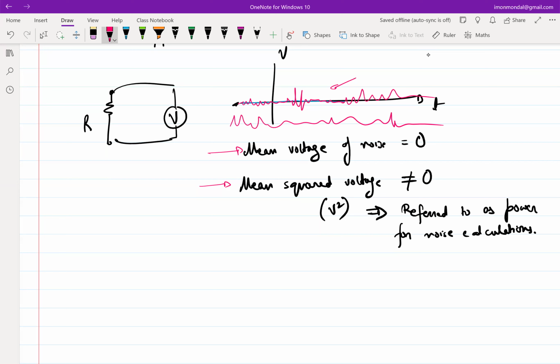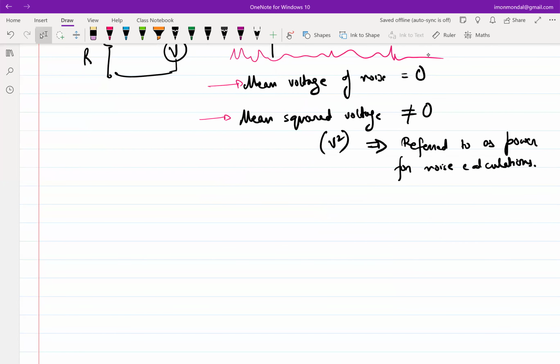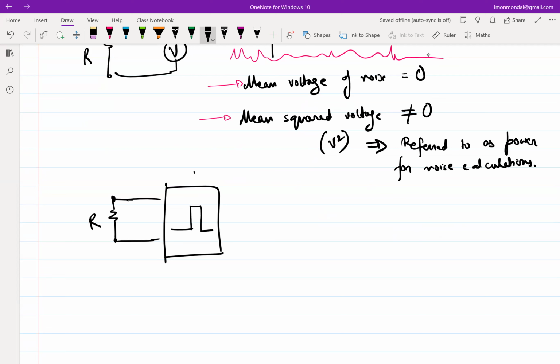Okay, so I jumped a few steps in the definition, so let me take it slow. What I'm essentially saying is, if I take this resistor R, and instead of putting a voltmeter, let's say I put a band pass filter at any frequency, choose your frequency, some F naught, and I say that this is delta F, the width of the band pass filter, an ideal band pass filter of width delta F and center frequency F naught, and I observe the power here.